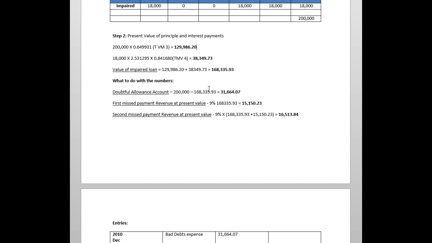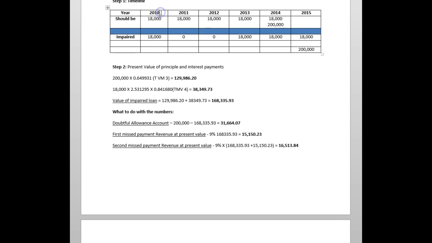So now you're going to figure out the value of the impaired loan. So if I take the principal and I take the value here of, oh, I see what I did. This is actually what the payments, the interest payment is worth at this point. I said that incorrectly. So you're going to add those two together. The value of the impaired loan at 2010, right here, with these two payments being deferred and moving it on out, is $168,335.